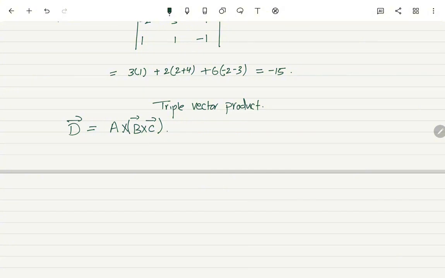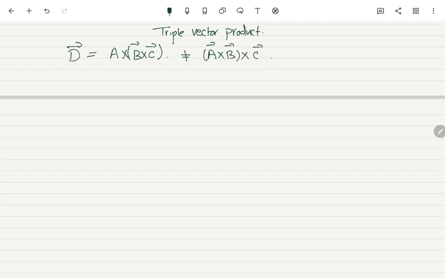In other words, there's a big difference: A cross B, then cross C, is not equal to A cross B cross C with the other grouping. Therefore, parentheses here are very important. It's unlike the other one, which is A dot B cross C. No need for parentheses, as we mentioned before.